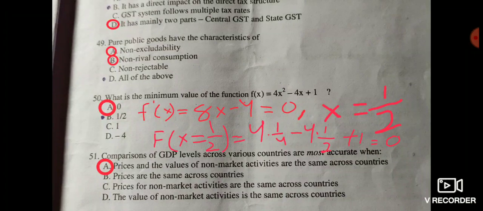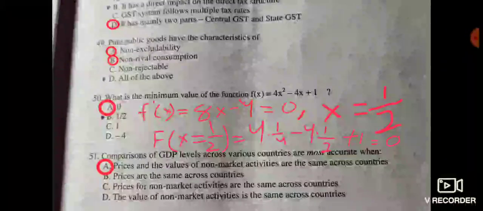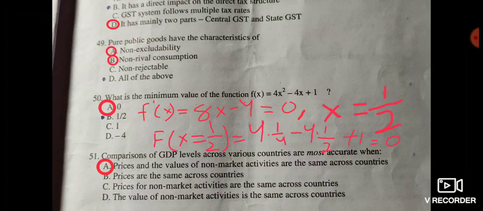And when x equal to 1 by 2, now we have to put the value of x as 1 by 2 on the original function, so that we can get the minimum value of the function. So here the minimum value of the function, after putting the value of x equal to 1 by 2, it will be 0, and here it is given in option A. So 0 is the correct answer which is given in option A.